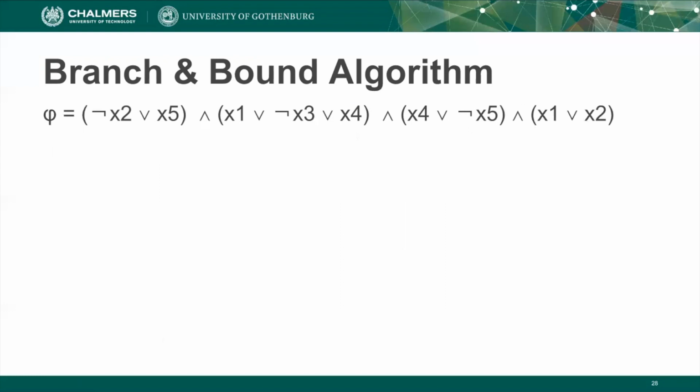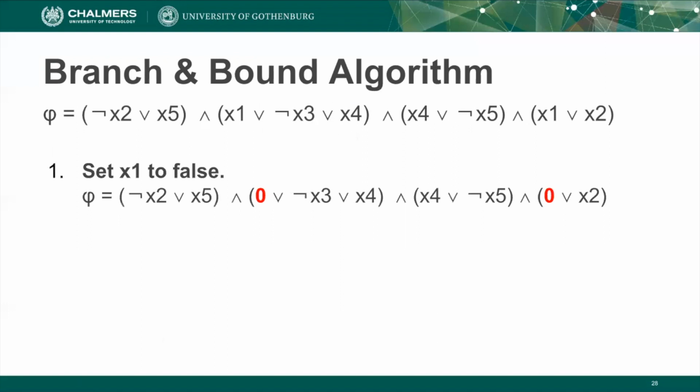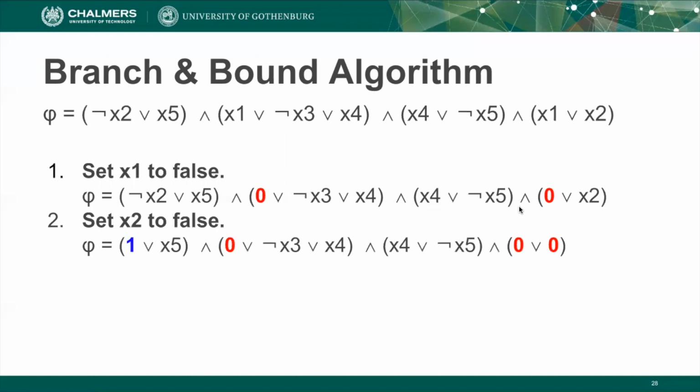So we're going to first set a value of false to x1. That inserts a 0, or false, into clauses 2 and 4. It doesn't satisfy or unsatisfy either clause just yet. So we'll continue. Next, we insert a value of false for x2, so we put this in as a 0 in our expression.